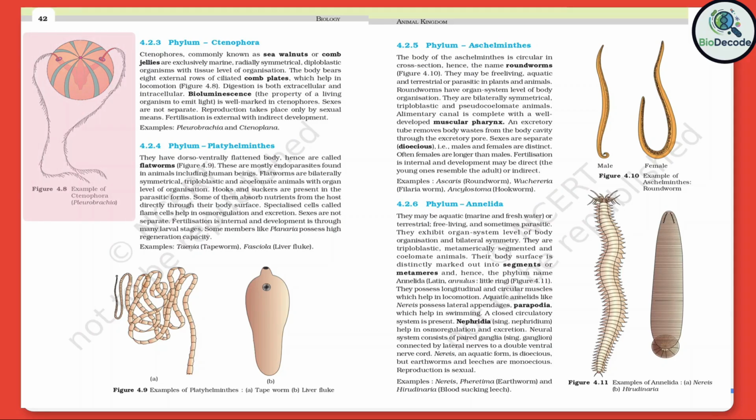Figure 4.8. Example of Ctenophora, Pleurobrachia. The figure presents Pleurobrachia, commonly known as the sea walnut, a representative of Phylum Ctenophora. The transparent, spherical body is adorned with 8 comb rows, bands of cilia that beat rhythmically to produce a shimmering effect, propelling the animal through water.